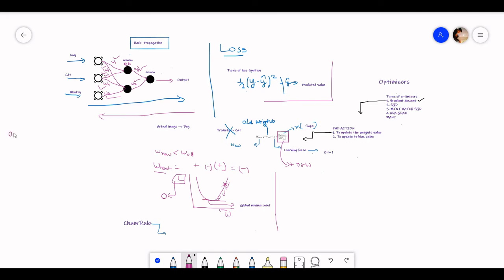derivative of loss, sorry, our derivative of loss with respect to W old will be equal to del L by del W6.